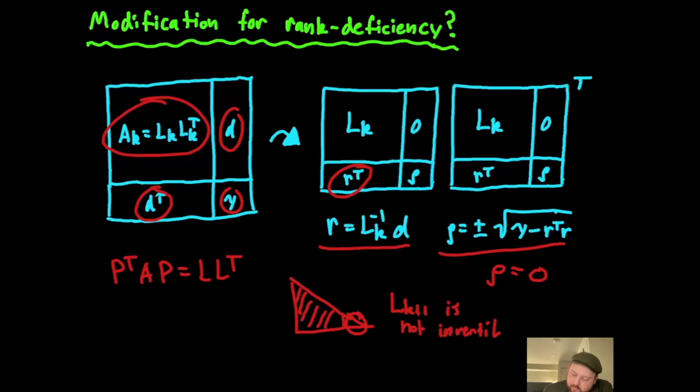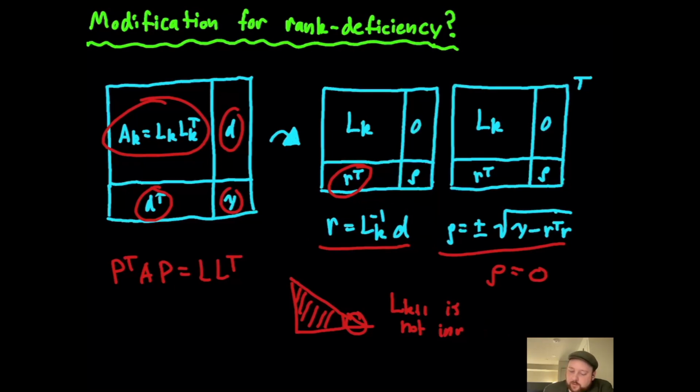Because it has a 0 on its diagonal now. And so when I went to do step k plus 2, the matrix that would show up when I compute R would be LK plus 1 inverse, which does not exist, right? So this is why we can't allow row to be 0, at least for most of the algorithm.